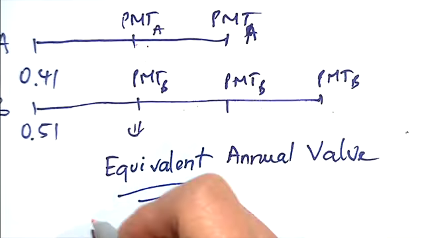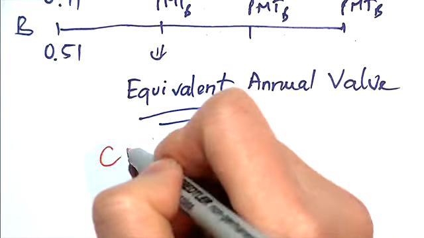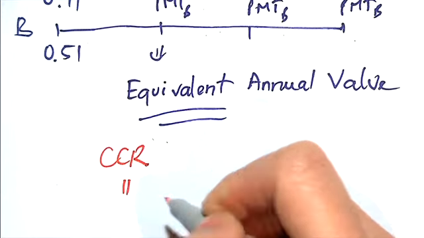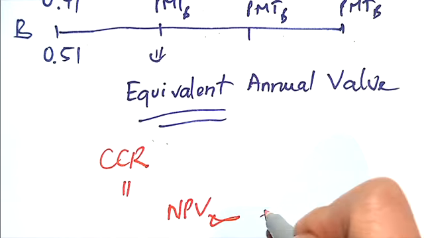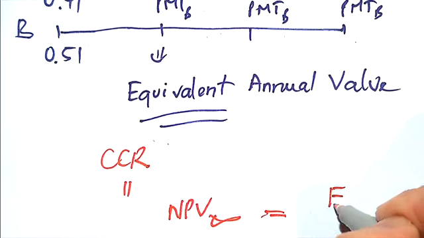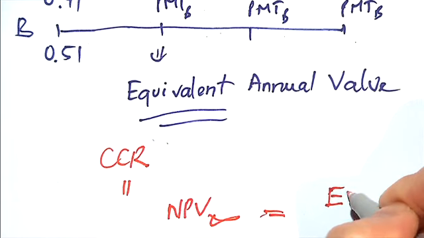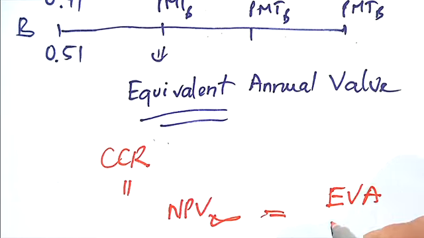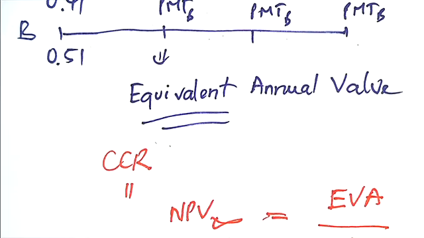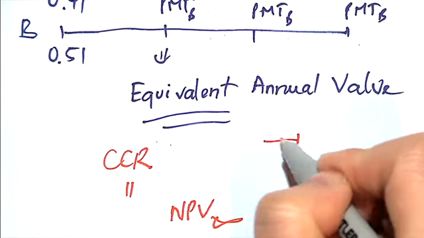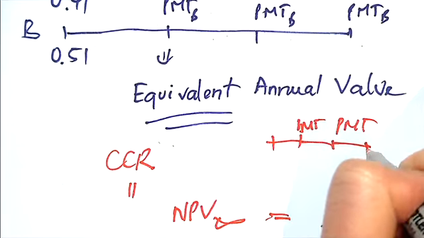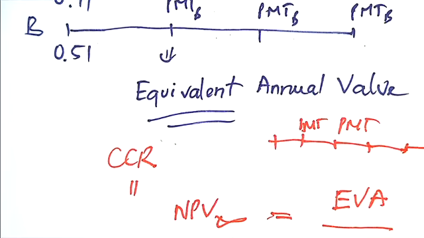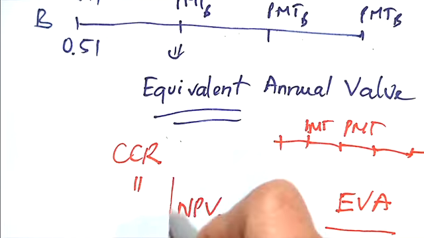So basically, with the CCR method, the net present value of the infinity would be the same as the net present value of the EVA divided by K, because here we have a perpetuity. If you believe that your PMT will be repeated forever. So that's how the two methods are linked.